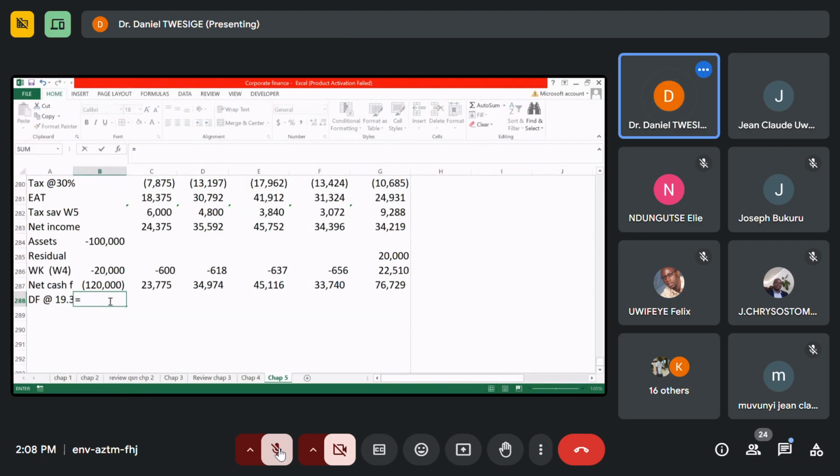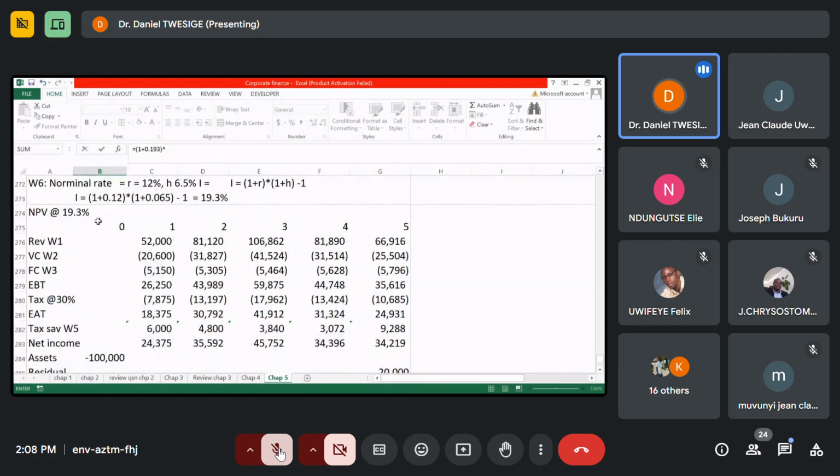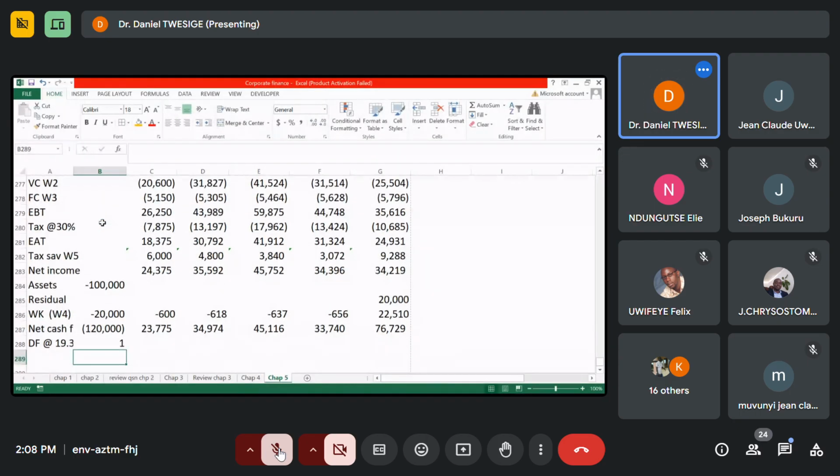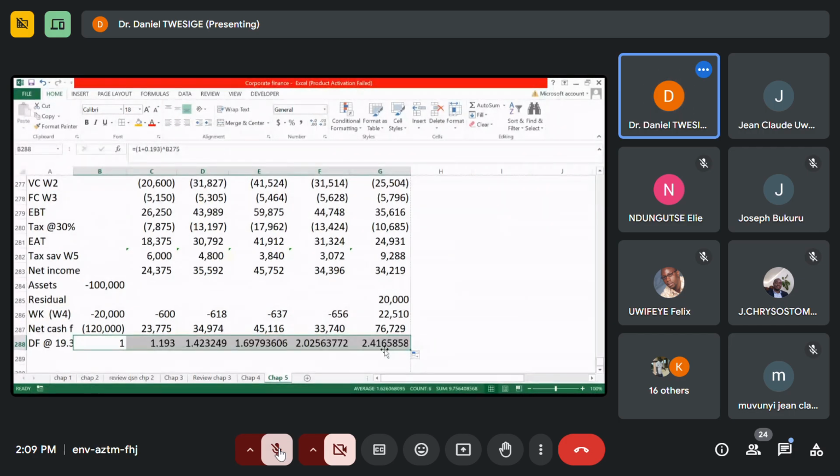This is 1 plus 0.193, then power this. Then I can scroll. Hey, what is wrong? I didn't put a minus.